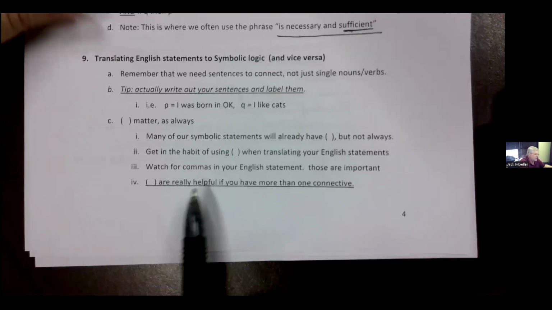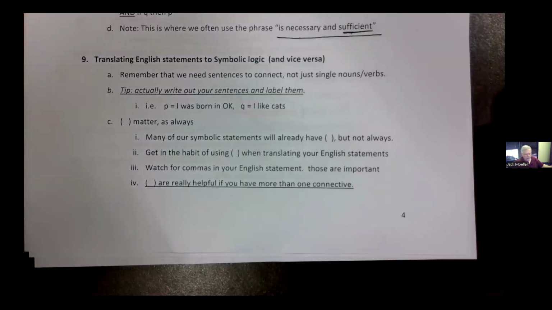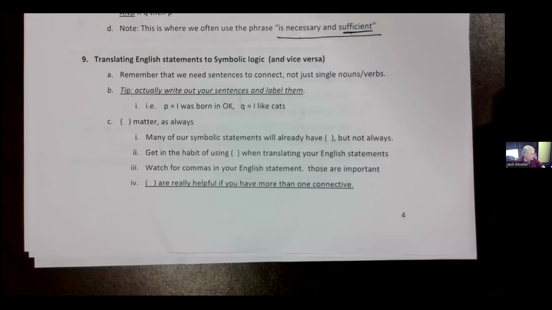What else? Parentheses matter. Remember, we said connectives are between 2 or more sentences. As we get into that or more part, if we had 3 sentences, we'd need 2 connectives between them. If we had 5 sentences, we'd need at least 4 connectives between them. As we get more and more statements, we need more and more connectives.